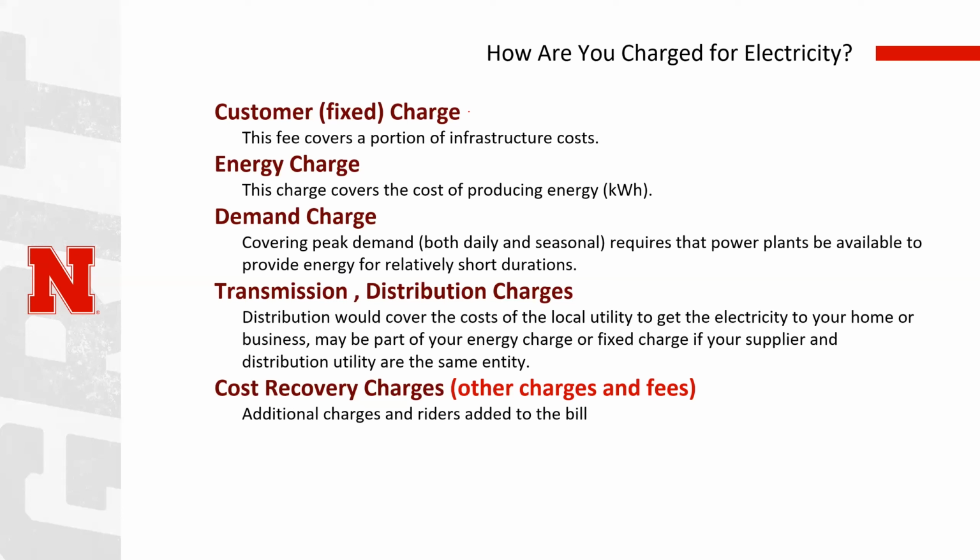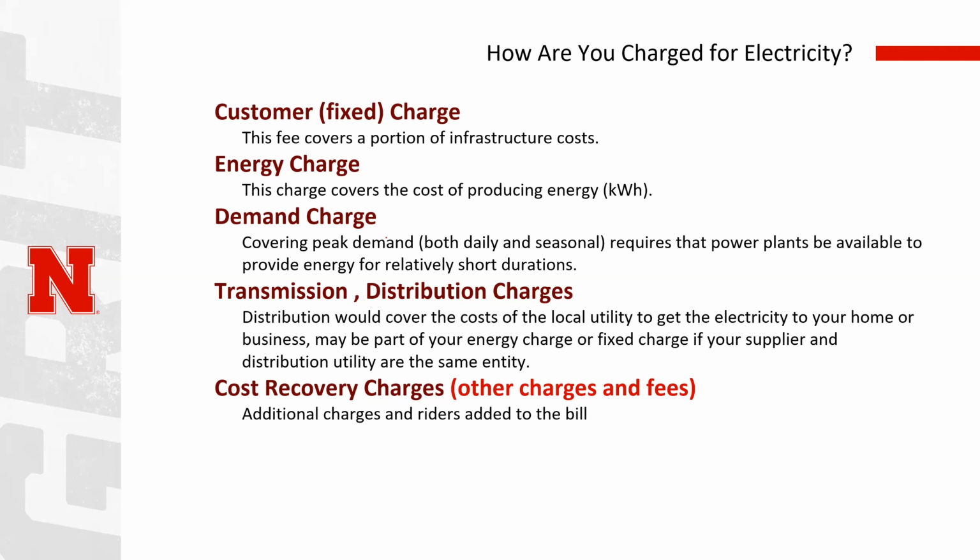These customer fixed charges for residential tend to be between maybe $5 and $30, but they can be higher. Everybody has an energy charge, which is what they're charged per kilowatt hour. Demand charges are becoming more common. You're being charged for that peak moment in time in a billing period.